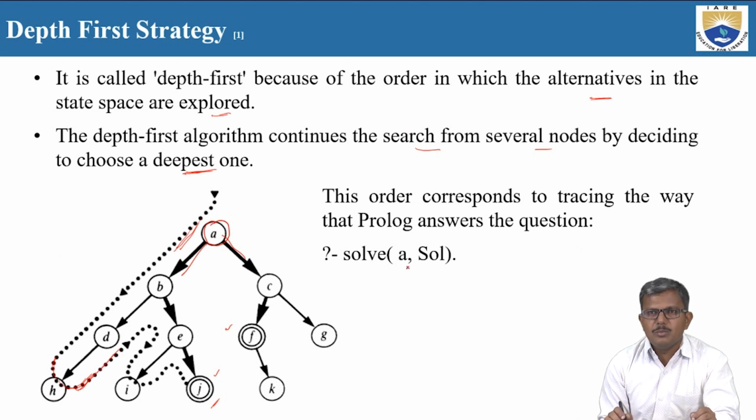After representing the database, we are going to ask the question in this particular way: Solve a comma SOL. What this SOL is going to do is trace the way. Way is nothing but the path. So in this case, if you represent the solution in terms of a list, we can say that A comma B comma D comma H comma E comma I comma J, like this.